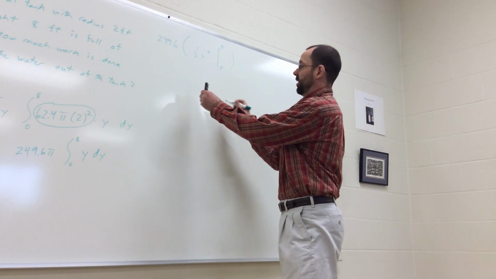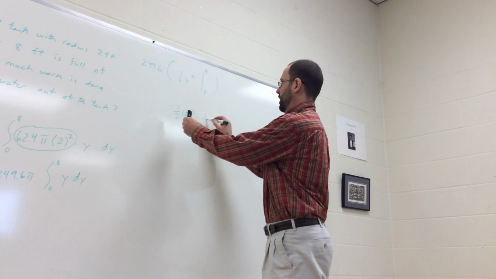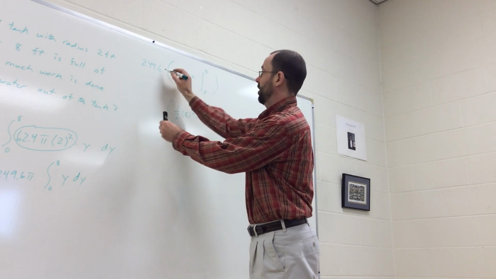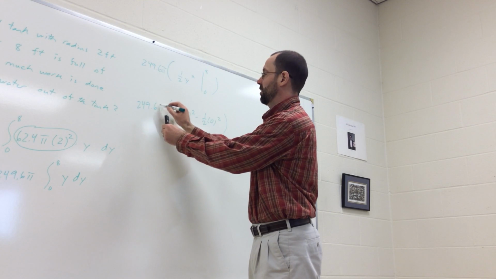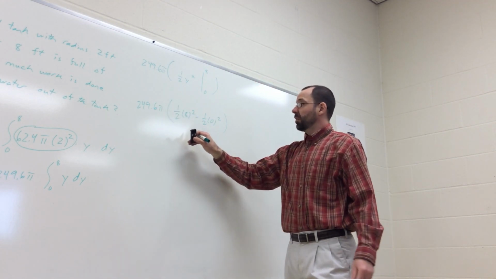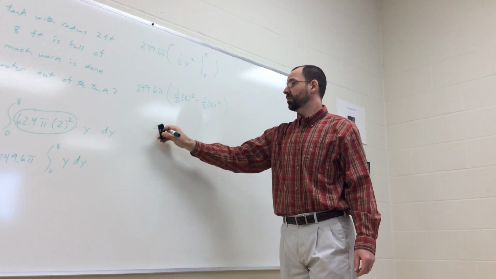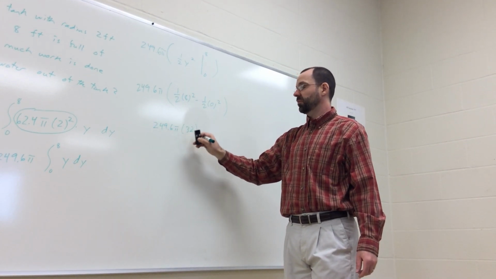Then you plug the 8 in, so that's 1/2 times 8 squared minus 1/2 times 0 squared. All of that multiplied by, I forgot my pi up here, sorry, 249.6 pi. So that's going to end up being 32. So 249.6 pi times 32.